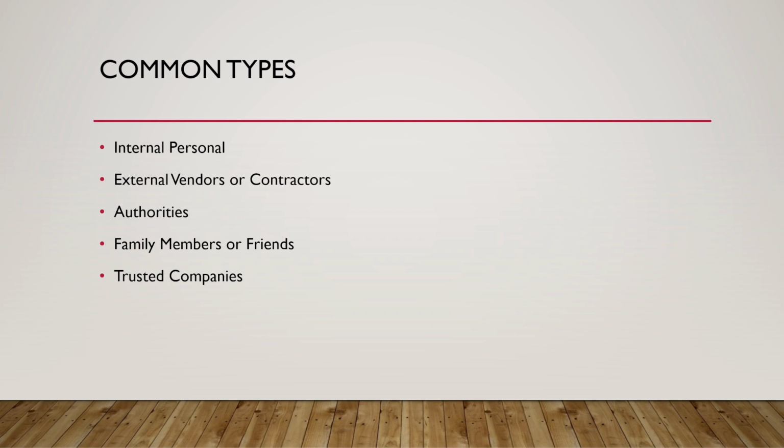Now, common types of impersonation they use: first, they're going to try to impersonate internal personnel, such as IT staff or managers, to trick the targets into complying with requests. They may also impersonate an external vendor or a contractor. They may see that you work with a certain company and act like they're that company, saying, hey, I'm from insert company name here, and try to get you to do something.